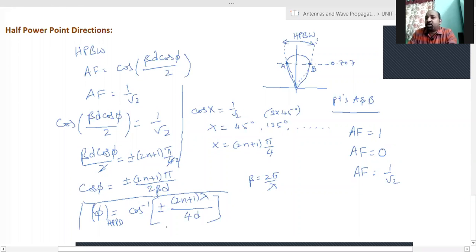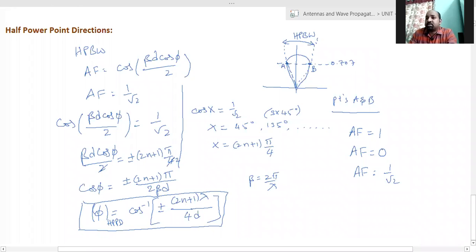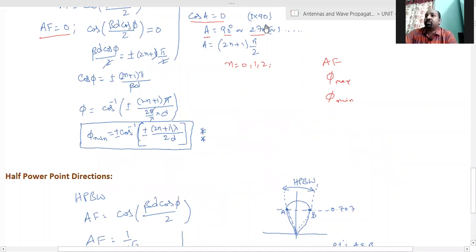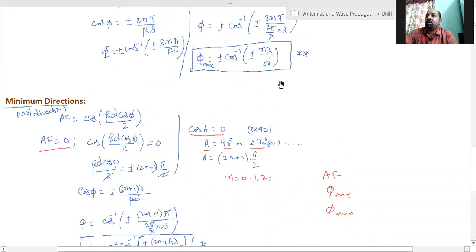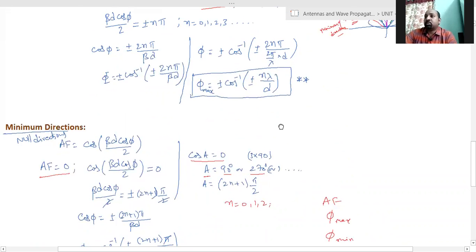This is the final expression to determine half power point directions. So we have everything: the expression for maximum directions, the expression for minimum directions, and the expression for half power point directions.